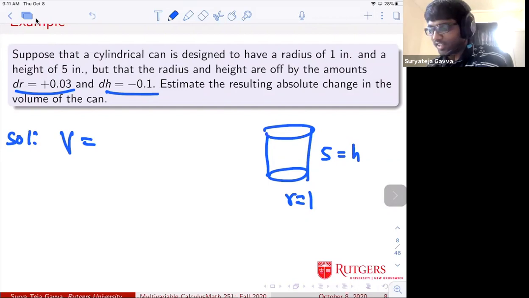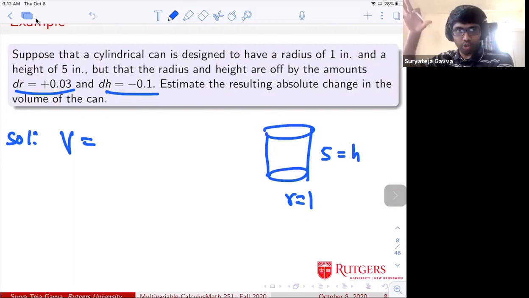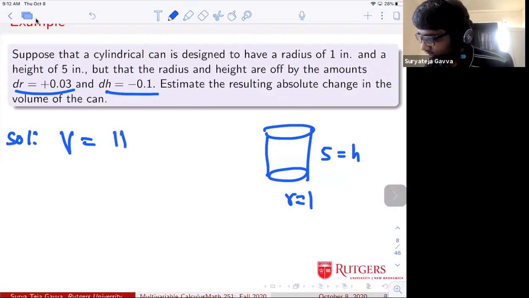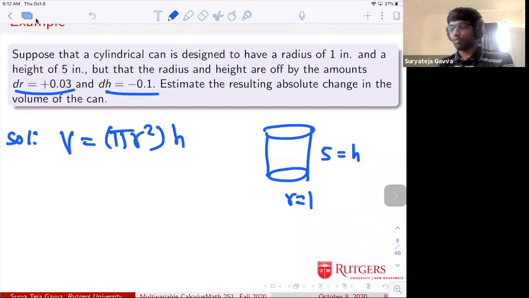You want to find how much the volume changes, so first you need to know the formula for the volume. It's the area of the base times the height. The area of the base is the area of the circle, which is pi r squared, times h. So that's the volume of the cylinder.